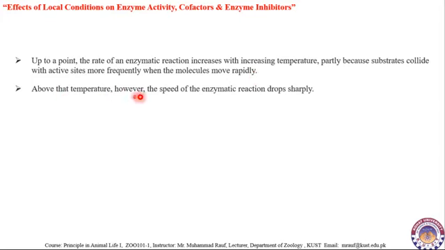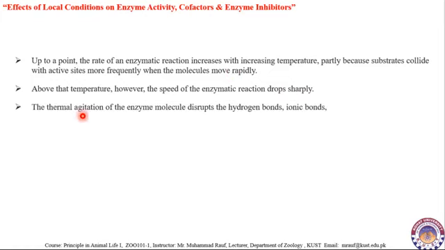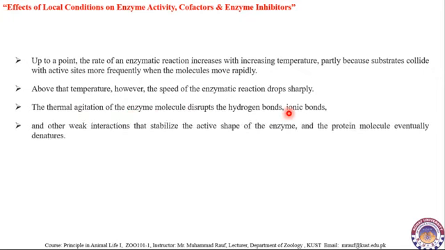Above that temperature, however, the speed of the enzymatic reaction drops sharply. Initially, the temperature helped the substrate molecules to come into an excited state, but when temperature increases beyond this limit, then what happens? Then the problem occurs in the three-dimensional structure of the enzyme. The thermal agitation of the enzyme molecule disrupts the hydrogen bonds, ionic bonds, and other weak interactions that stabilize the active shape of the enzyme.